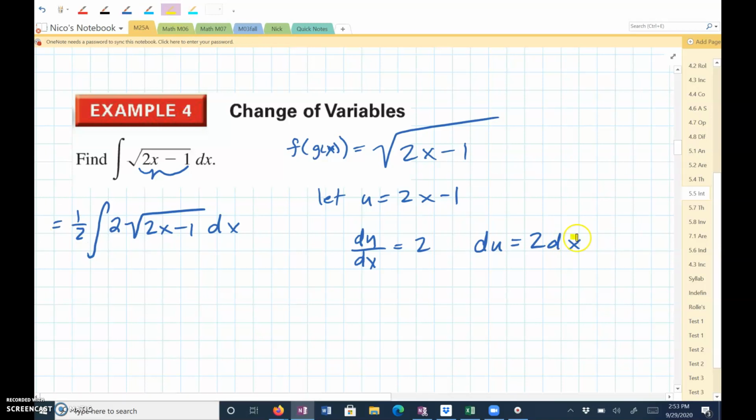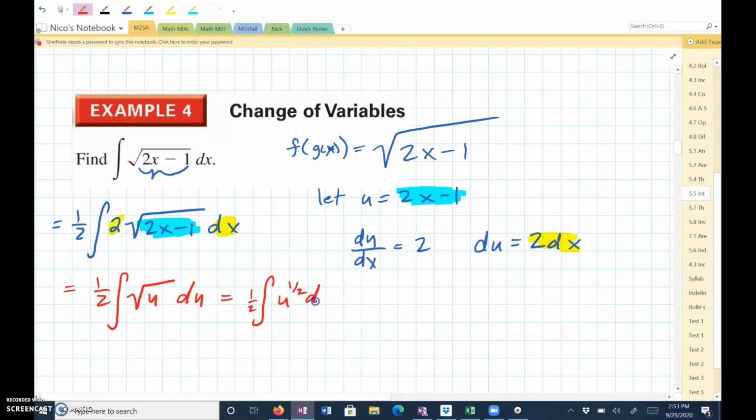So now I've got 2 dx right there, and u is going to go right here. So I'll have 1/2 the square root of u du, which is the same thing as 1/2 the integral u to the 1/2 du.